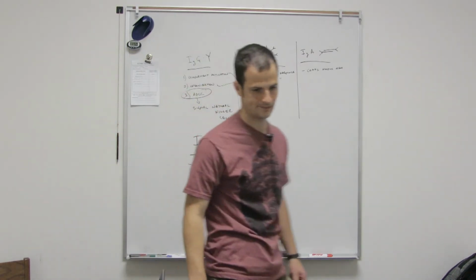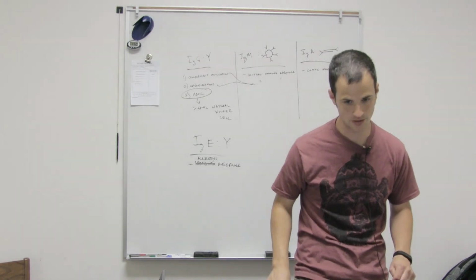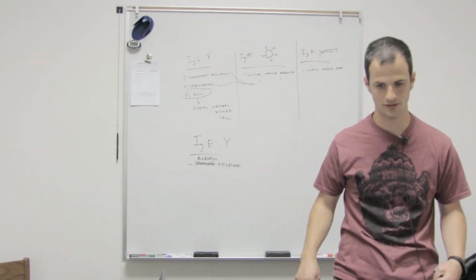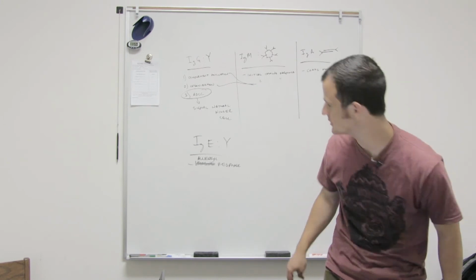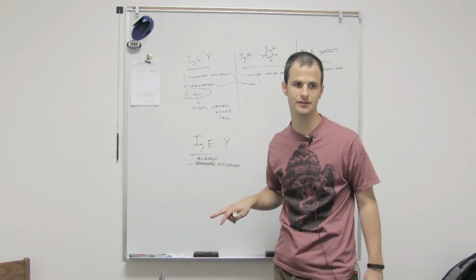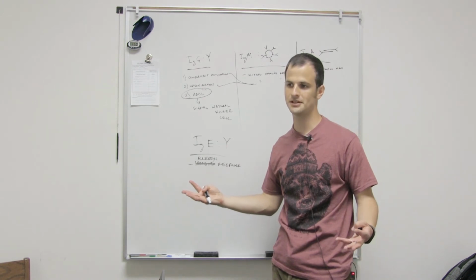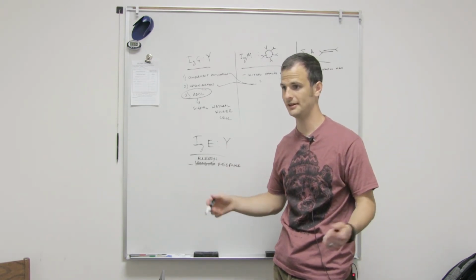Okay. That's basically all you need to know about that. So when you have inflammation or an allergen or something like that, this one is found on mast cells and basophils, which are the white blood cells involved with allergic reactions, right?